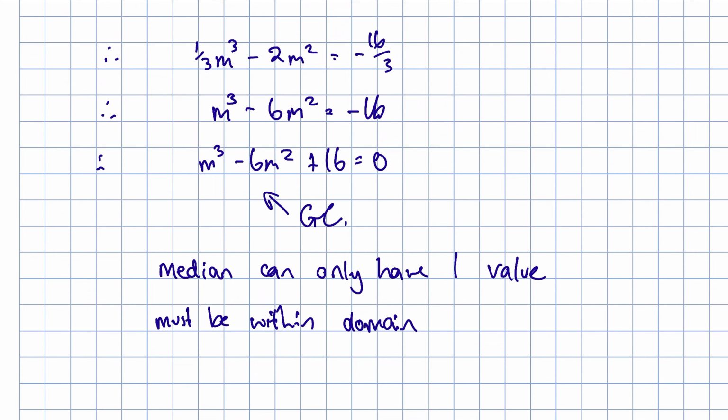The other value is the median, which we already knew was going to be equal to 2. So if you graph that and find the roots, two of those roots are going to be outside of that range of 0 to 4. They're not nice ones. It's like 2 plus 2 root 3 and 2 take 2 root 3.